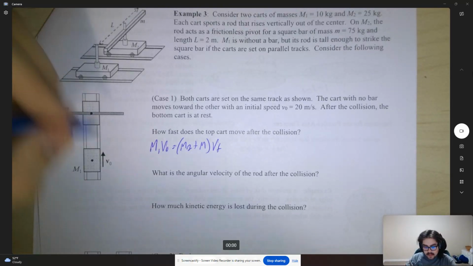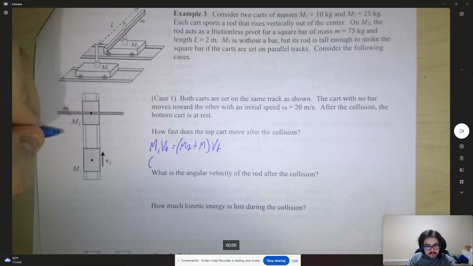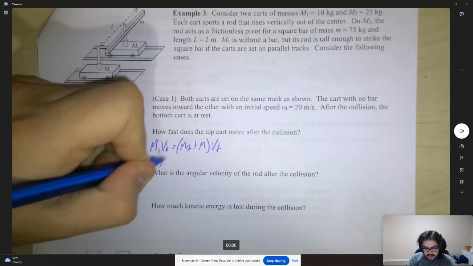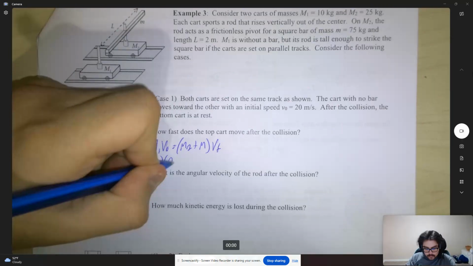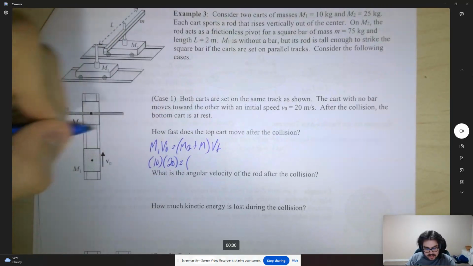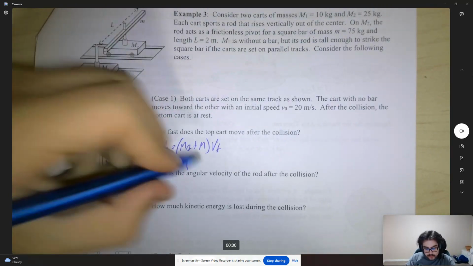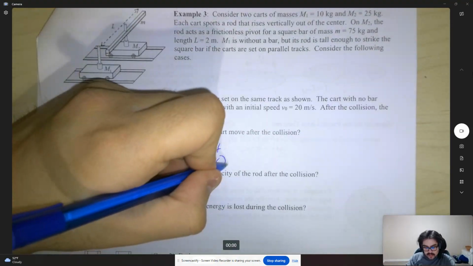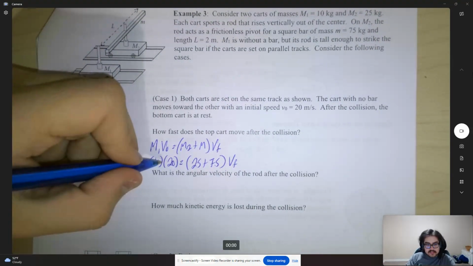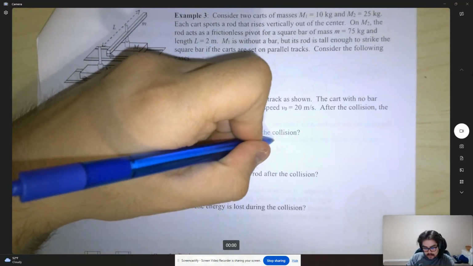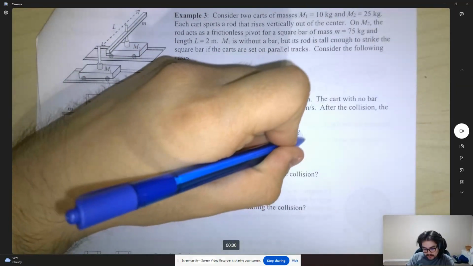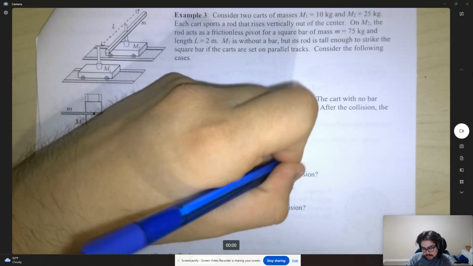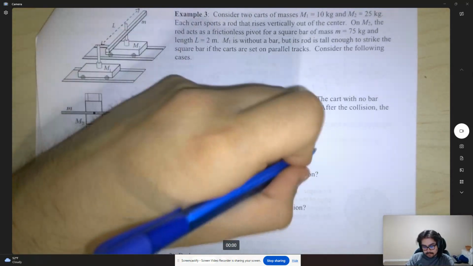If I plug everything in, m1 is 10, v naught is 20, m2 is 25, the bar's mass is 75, so it's a total of 100. So this ends up being 200 equals 100 v final, and you don't have to be a rocket scientist to know that v final is going to be 2 meters per second.